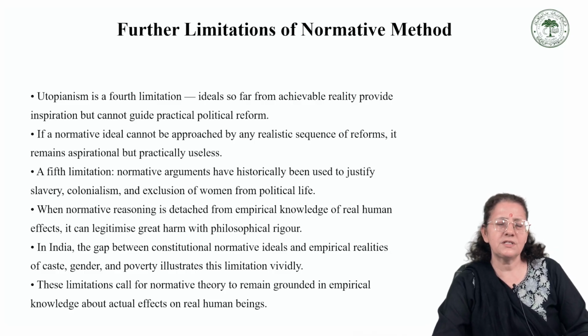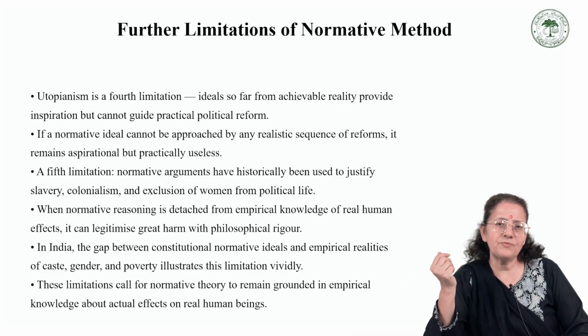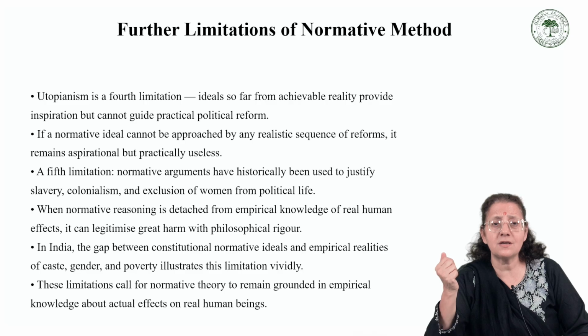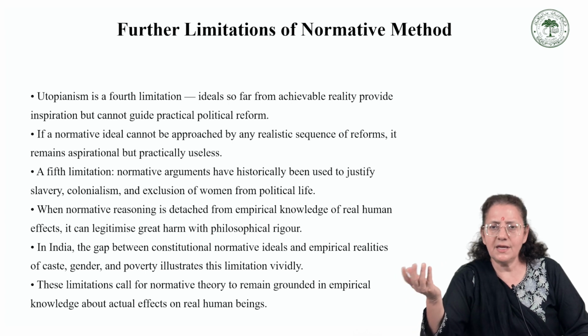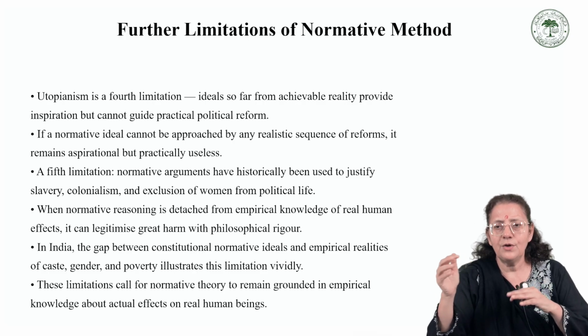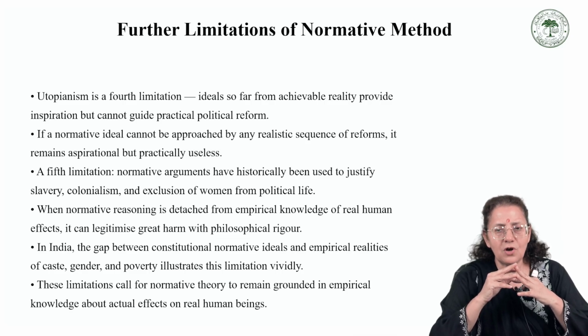The fifth limitation is that the normative method can be used to justify oppressive political arrangements. History provides many examples of normative arguments used to legitimize slavery, colonialism, the exclusion of women from political life, and the persecution of minorities. When normative reasoning is detached from empirical knowledge about the actual effects of political arrangements on real human beings, it can produce justification for great harm while appearing to maintain philosophical rigor.